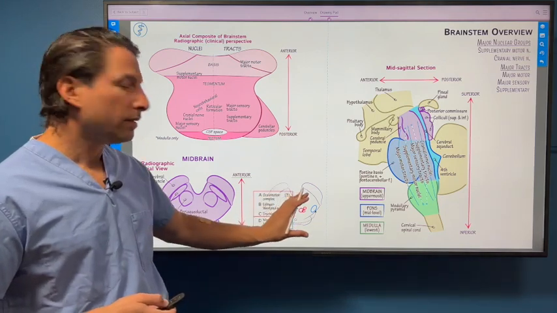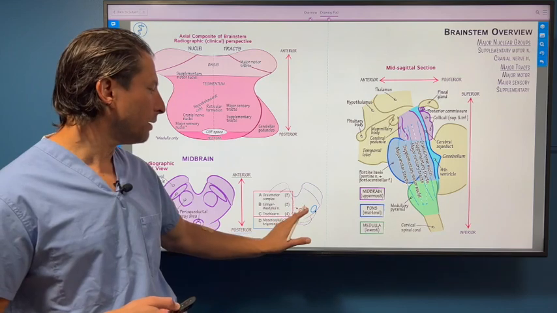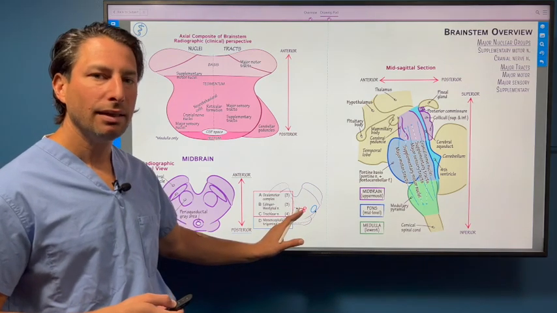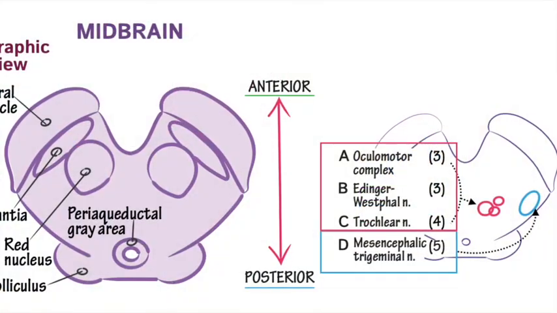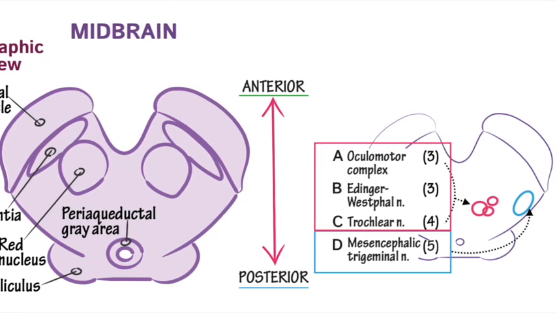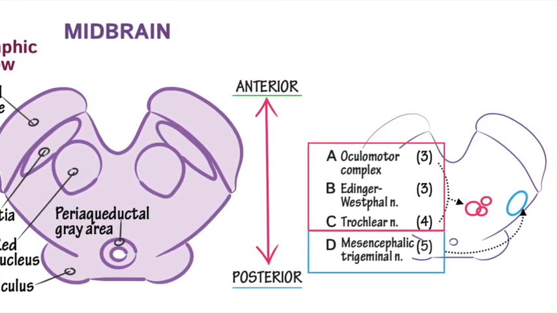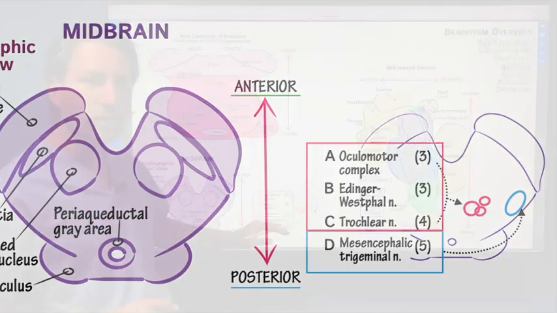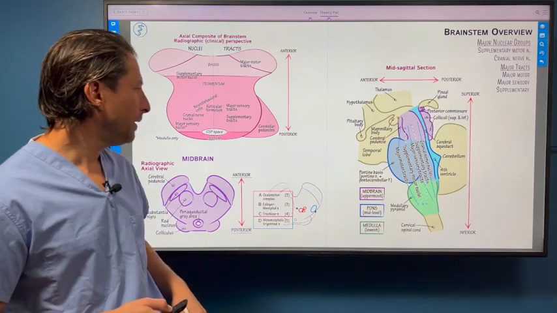When it comes to the cranial nerves, something we didn't talk about earlier is that the motor cranial nerves are going to live medially, and the sensory ones are going to live laterally. So at the midbrain level, you have cranial nerves 3 and 4. Motor-wise, their components are going to be medial, and then the mesencephalic extension of the trigeminal nucleus is going to be out laterally here.